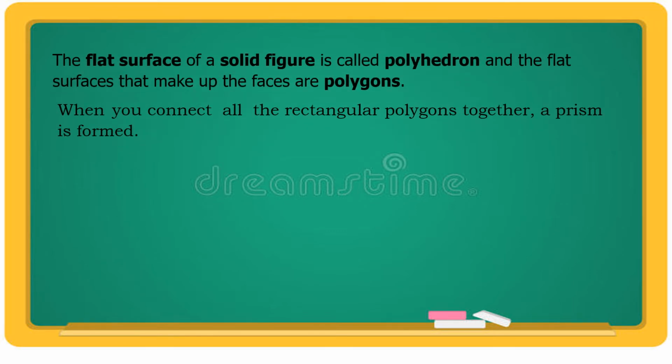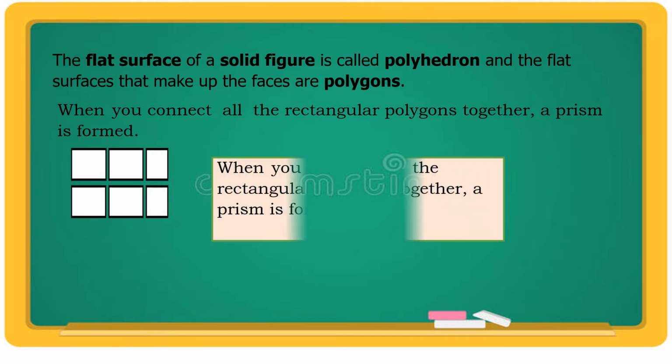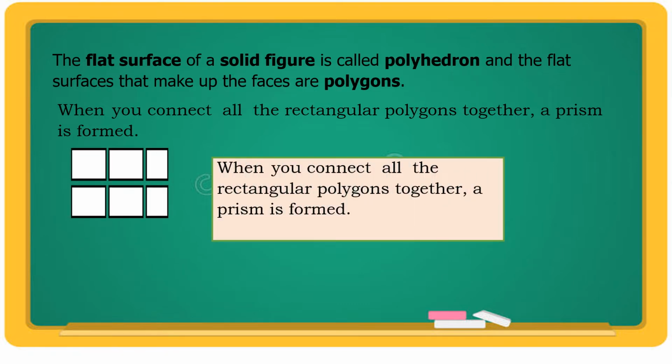The flat surface of a solid figure is called polyhedron, and the flat surfaces that make up the faces are polygons. When you connect all the rectangular polygons together, a prism is formed.